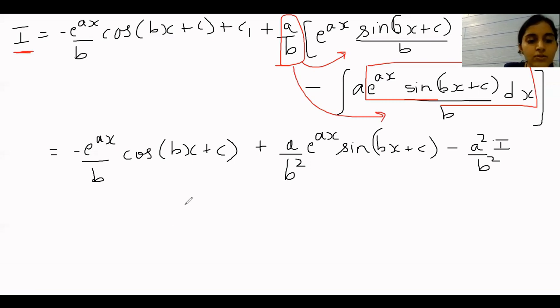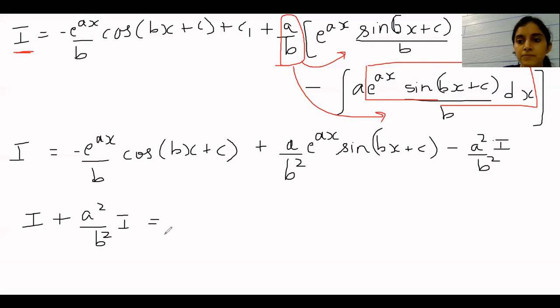Now we'll go back to integral I. So you have two I's here, one on the left hand side, one on the right hand side. Let's get them together. So we'll have I plus a square upon b square I equal to, here you can have a upon b square common, e raised to ax common.